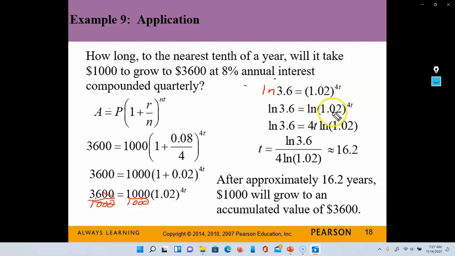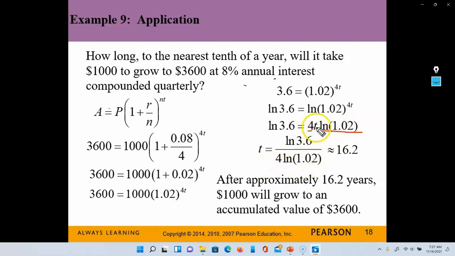And then what do we do with our exponent here? We take it, move it in front, and then what will our answer be? Well, we're going to divide this side by the 4 and the natural log of 1.02, which they're showing here.